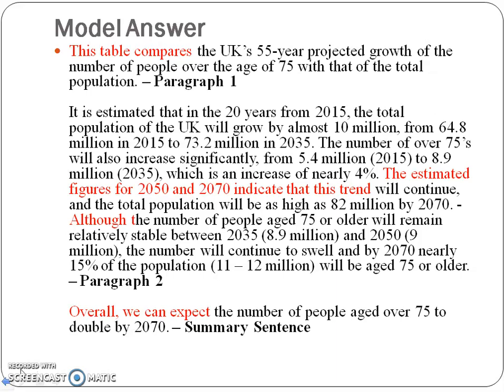Although the number of people aged 75 or older will remain relatively stable between 2035 and 2050, the number will continue to swell and by 2070 nearly 15% of the population will be aged 75 or older.